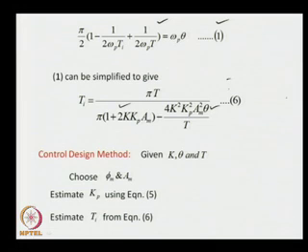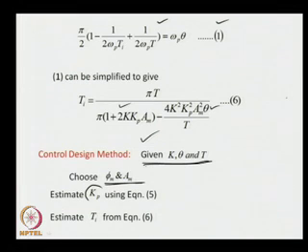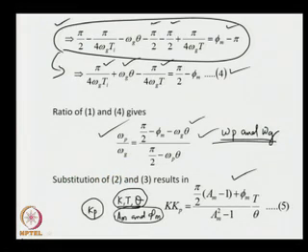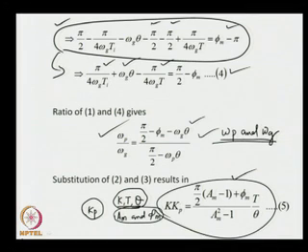So, the control design method can be summarized as given below. Given k, theta and t, which are nothing but the process model parameters, we need to choose the phase margin and gain margin for the closed loop system. Then the proportional gain of the series PID controller can be estimated using equation 5. So, using equation 5, K p can be estimated.